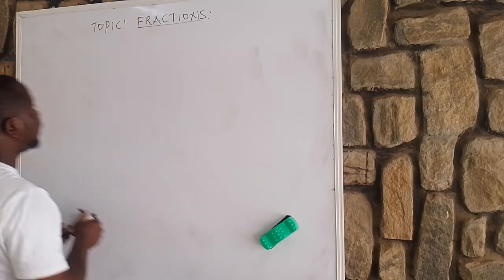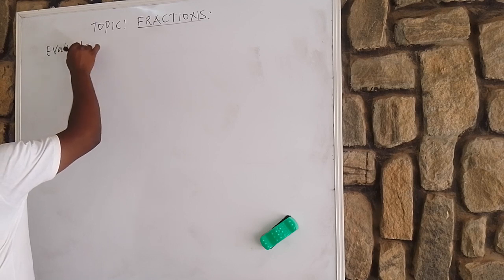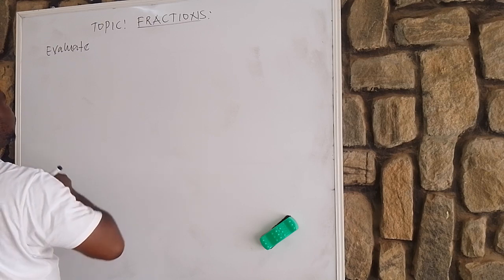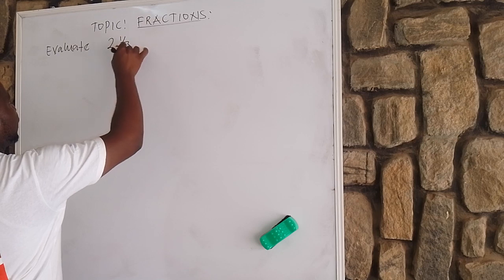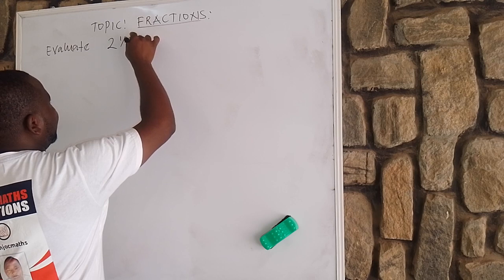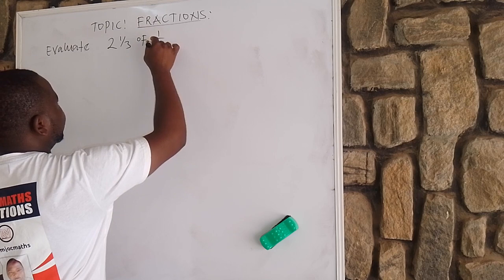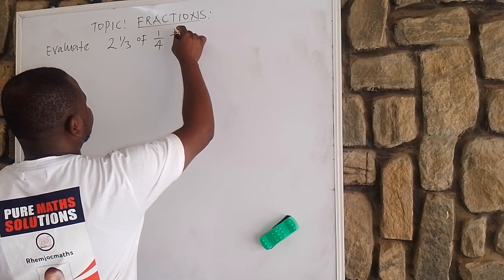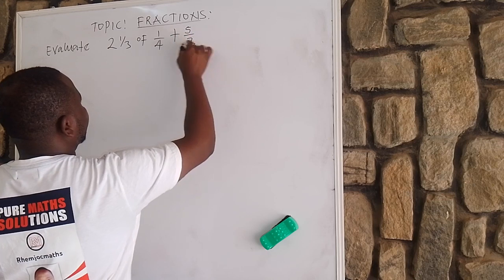Okay, so evaluate two whole number 1 all over 3, then of 1 all over 4 plus 5 all over 3.